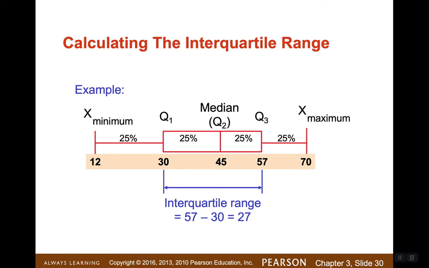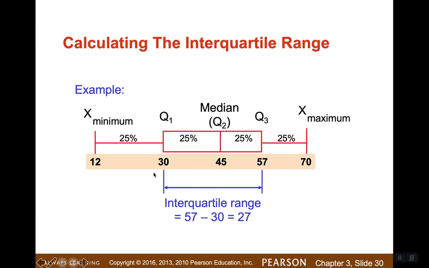So we'll take an example here of our data going from 12 to 70. Remember the bottom divides into four quarters, 25, 25, 25, 25.